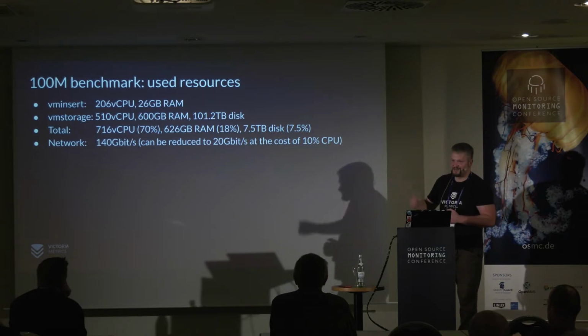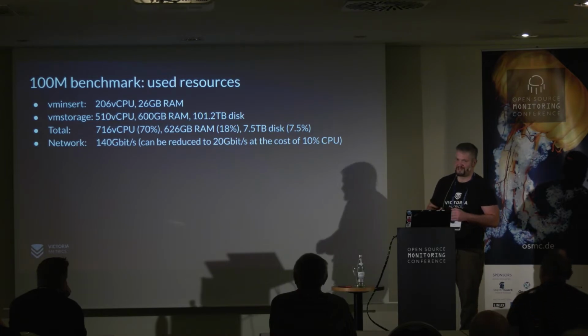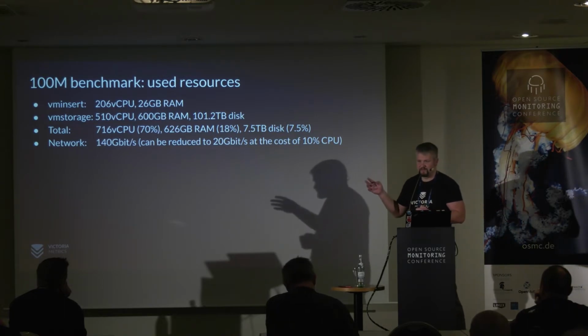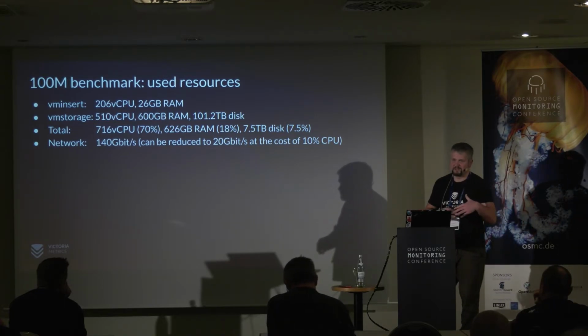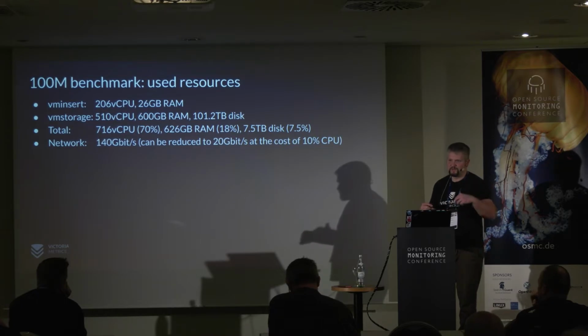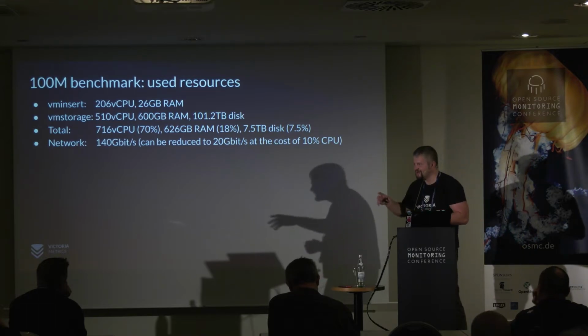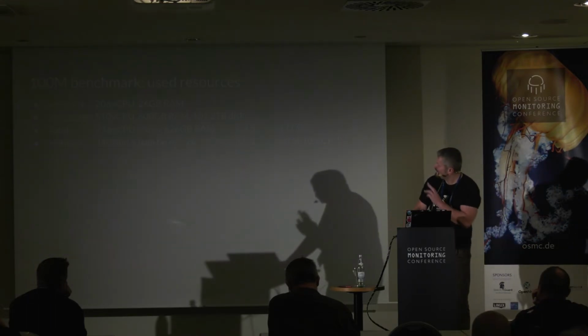Actually, this network usage can be reduced by almost 8 times to 20 gigabits per second, at the cost of 10% increased CPU usage, by enabling data compression between insert and storage nodes. By default, this data compression is enabled, but in this benchmark it has been disabled.